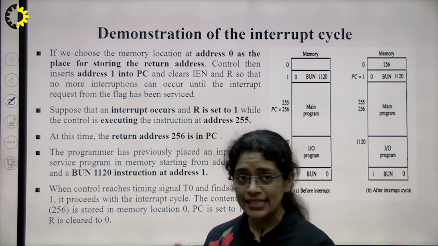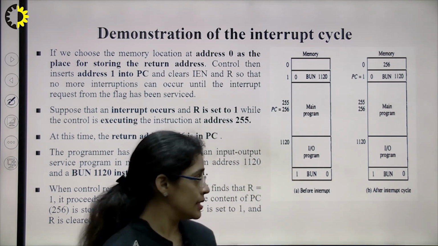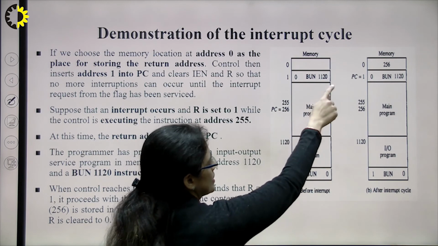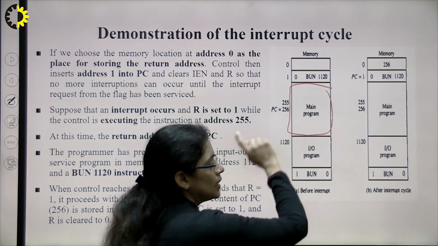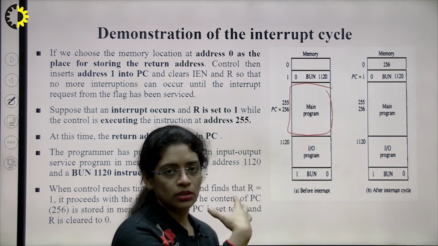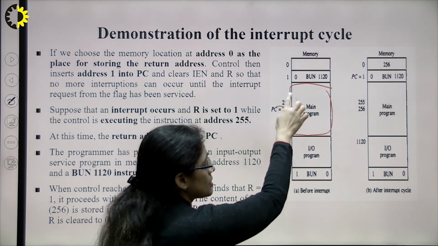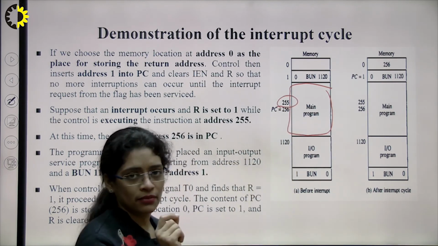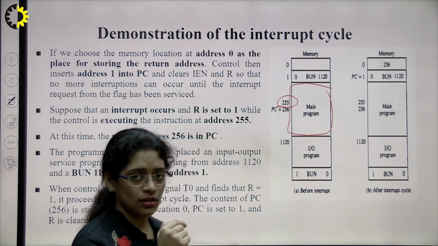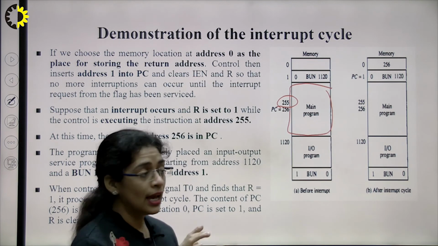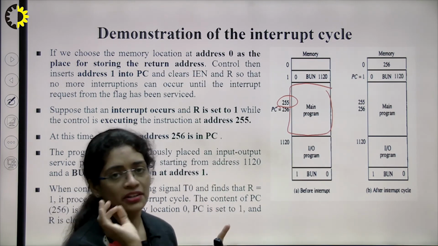Now see exactly how the interrupt works. This is the best diagram to understand that. This is the main program which the processor was executing, and currently the processor is executing address 255, and the next instruction which the processor needs to execute is 256, and at 255 it got an interrupt.